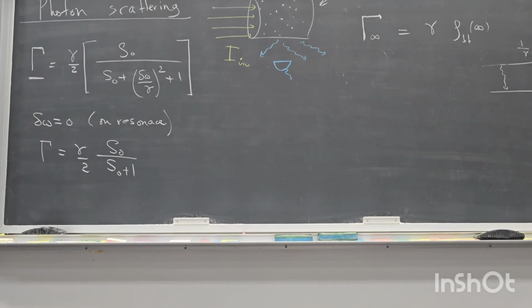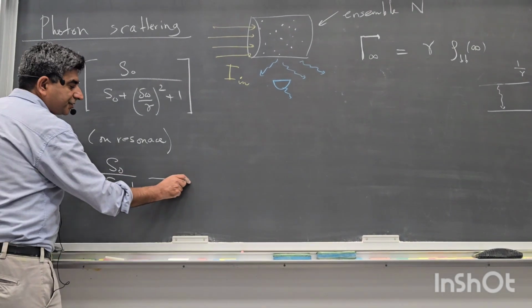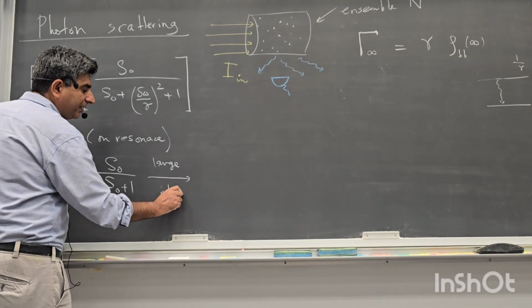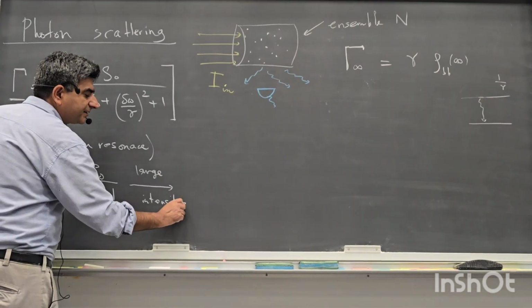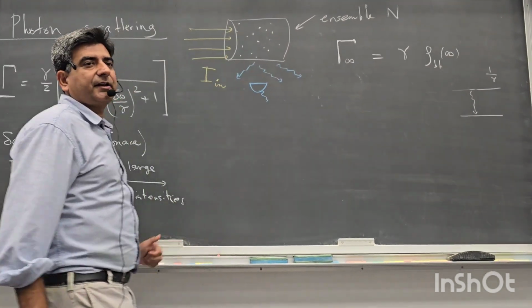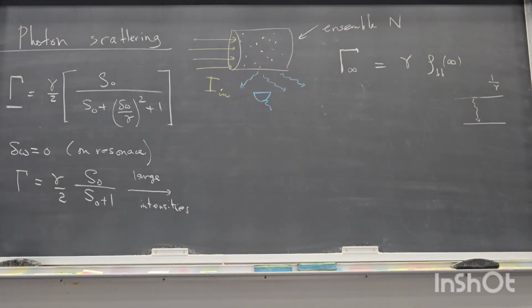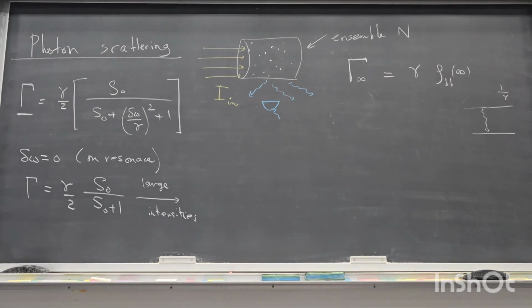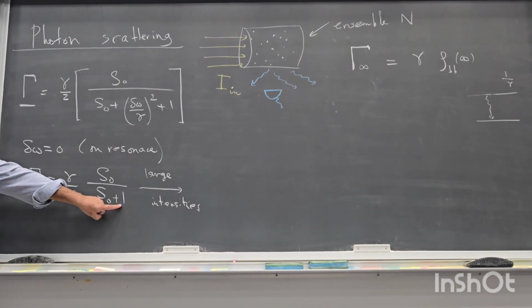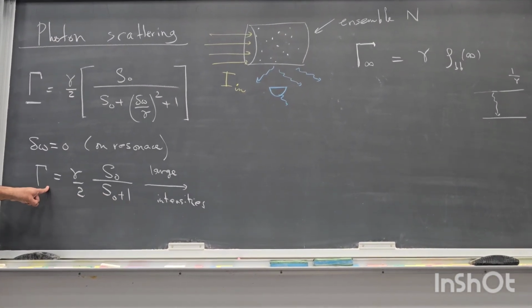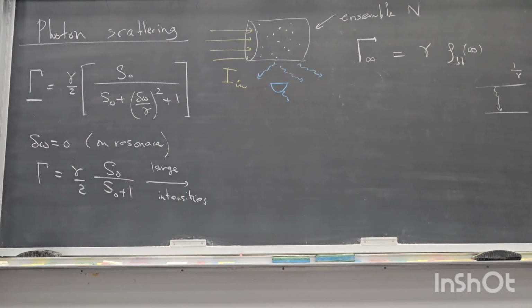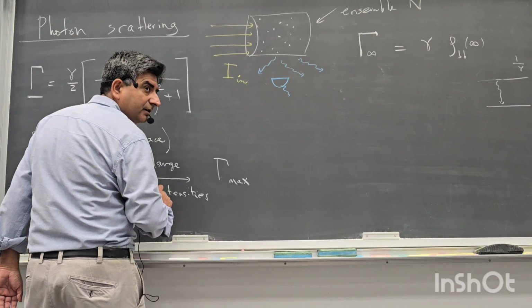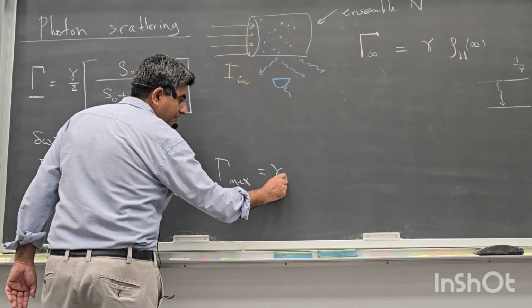If S naught is large, which means large intensities, so if we have large intensities shining onto these atoms, and the incident radiation is perfectly on resonance, then S naught will be much larger than 1. We achieve the maximum photon scattering rate, which will be gamma by 2.